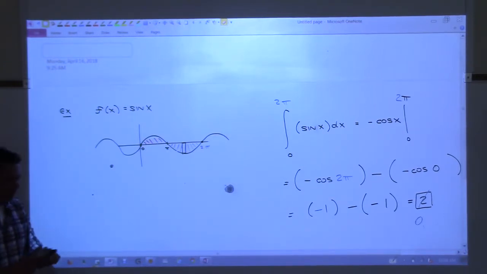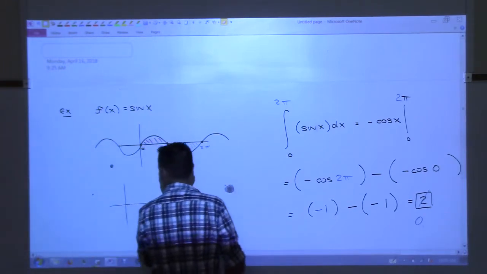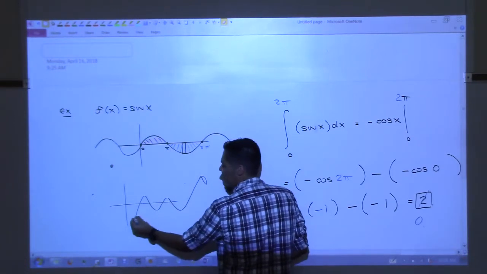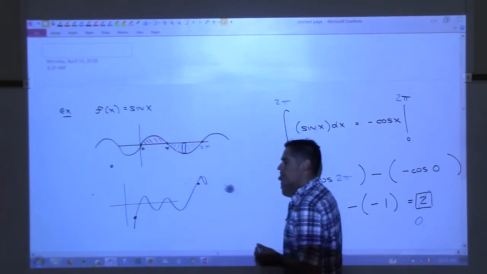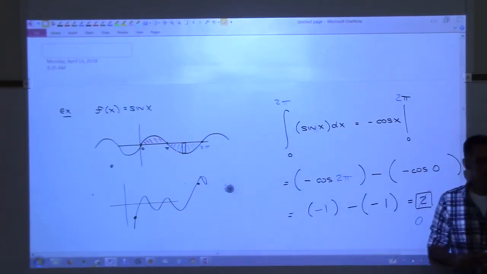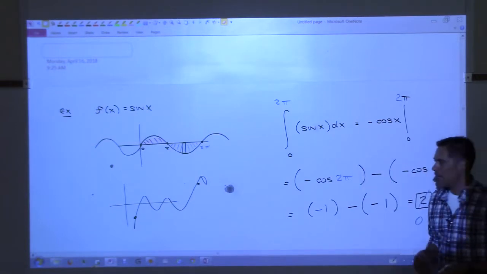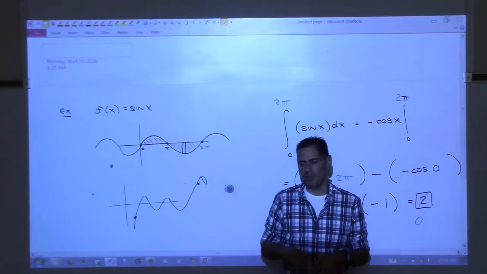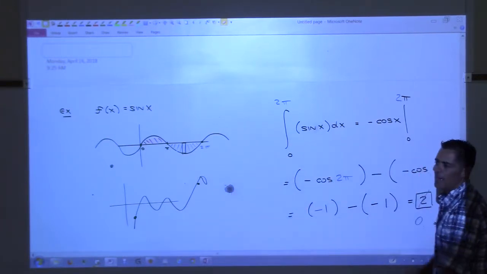So this can become problematic if you have, let's say, a polynomial that does something like that, and you're trying to find the area between here and here. You're going to have some areas counted positive, some negative. And so later on, in Cal 2, you might have to find these x-intercepts and break it up into separate little pieces, and that's later, okay?